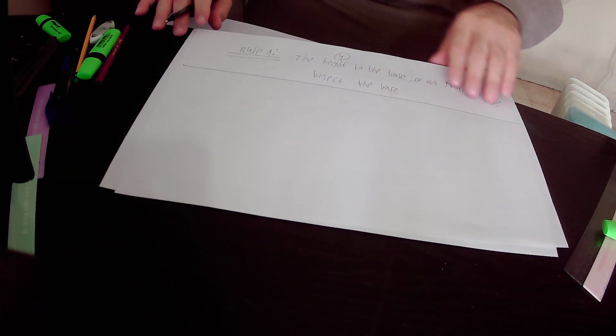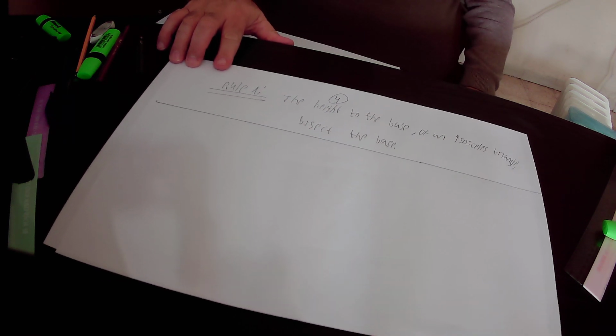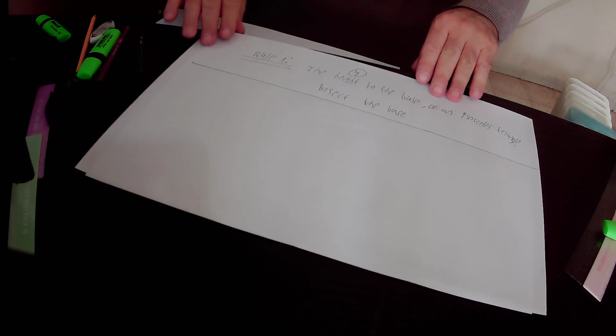I'll repeat rule number 1 again. According to rule number 1, the height to the base of an isosceles triangle bisects the base.